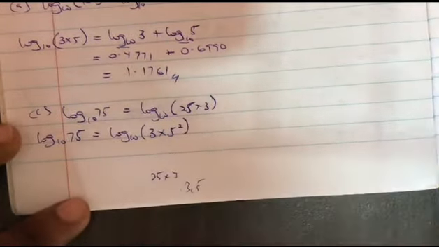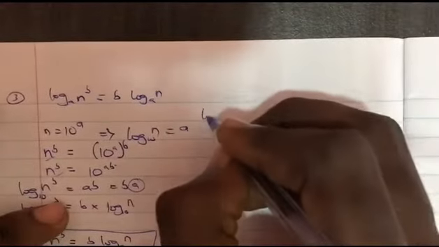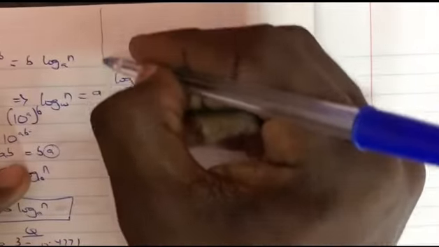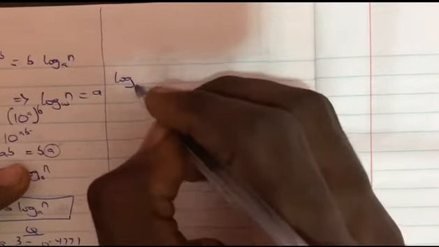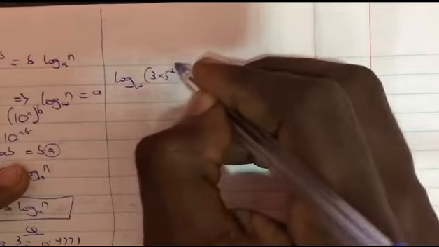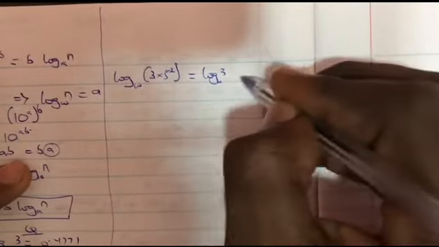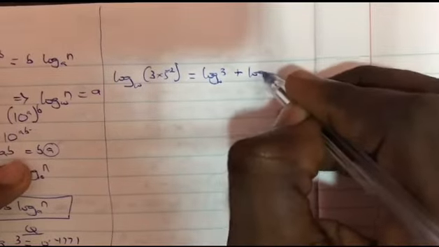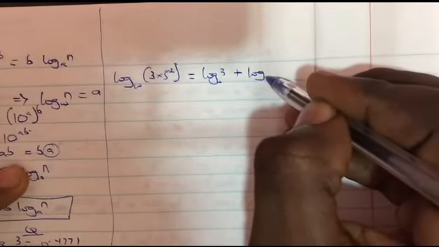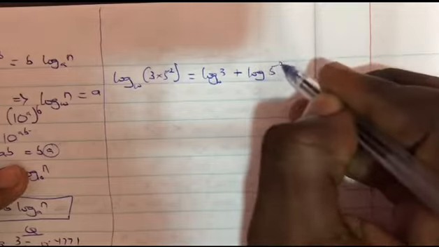Okay, so now I have log of 3 times 5 squared to the base 10. So this is the same as log of 3 to the base 10 plus log of 5 squared to the base 10.